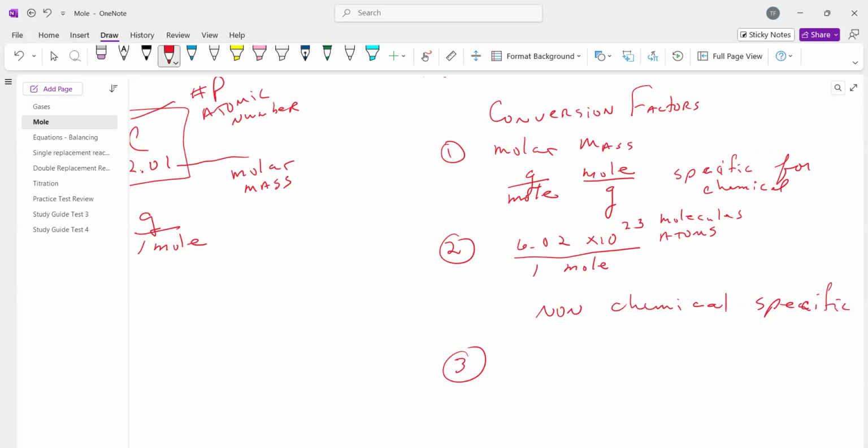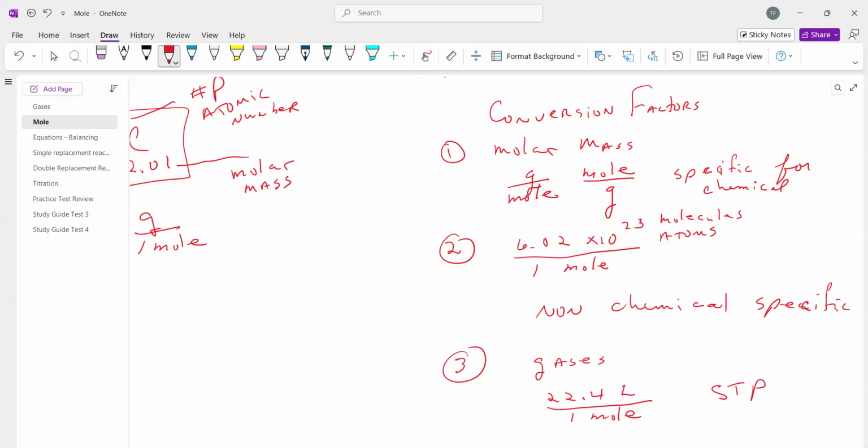And the last one, there's one more, has to do with gases. So for gases, it's 22.4 liters per mole at standard temperature and pressure.